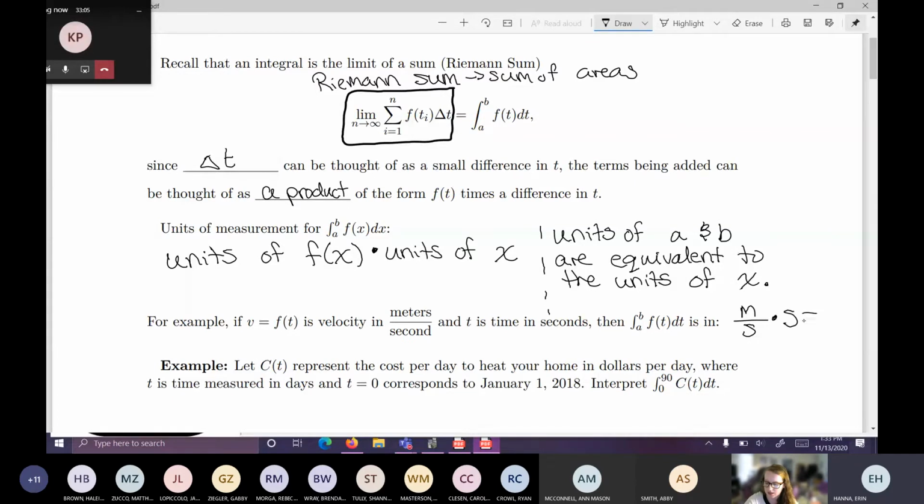So the seconds cancel each other out and you would just get meters. So you take the units of the y value times the units of the x value. Since the units of the y value are usually a rate, though they don't have to be, the final answer usually ends up being a singular unit, if that makes sense.